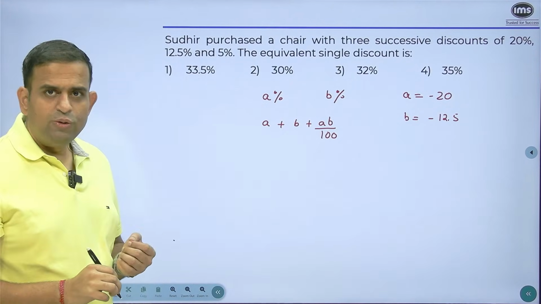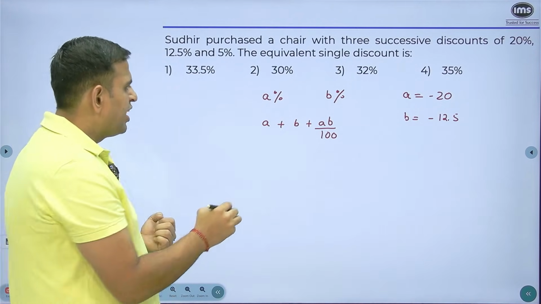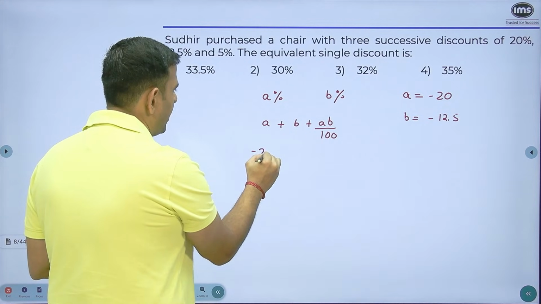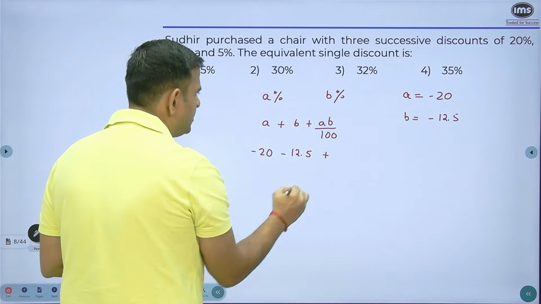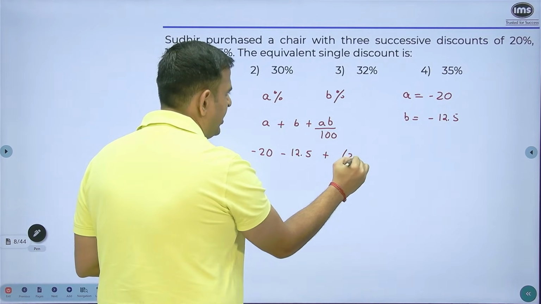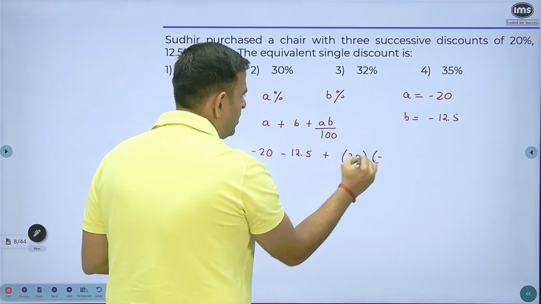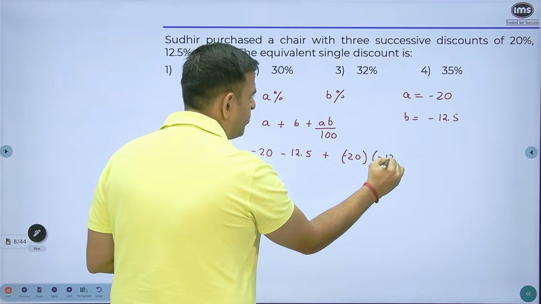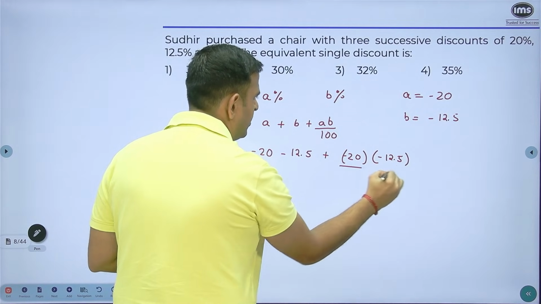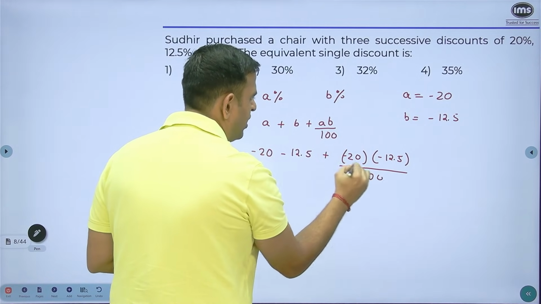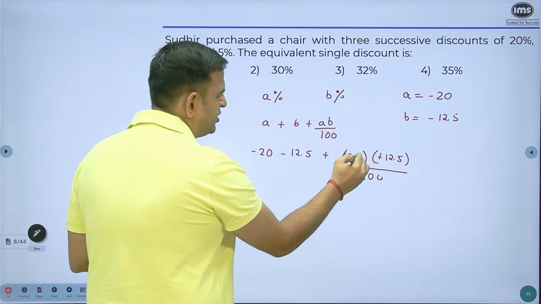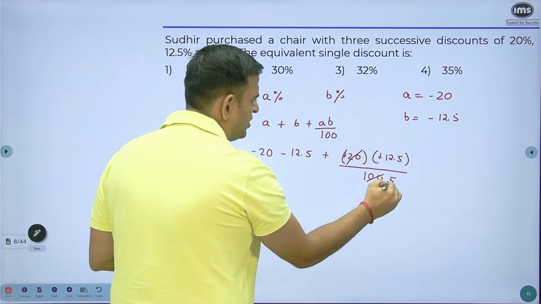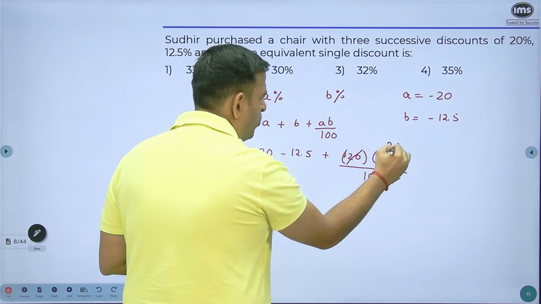So I will put those values of A and B over here, and that would mean minus 20 minus 12.5 plus minus 20 into minus 12.5 upon 100. Minus minus is going to become a plus. This is going to become 5 times 2.5, which will become 2.5.